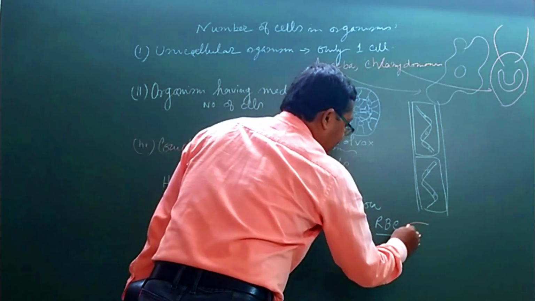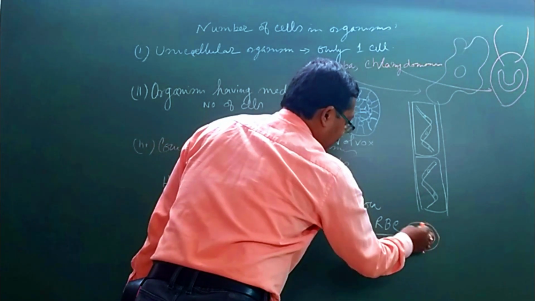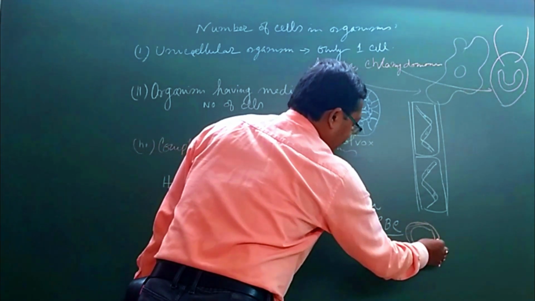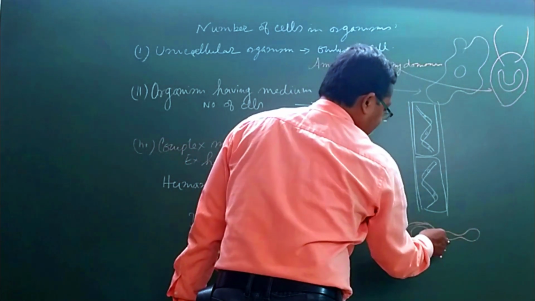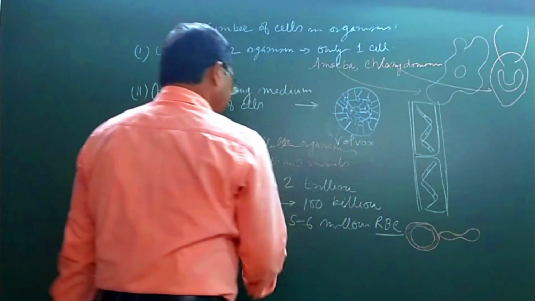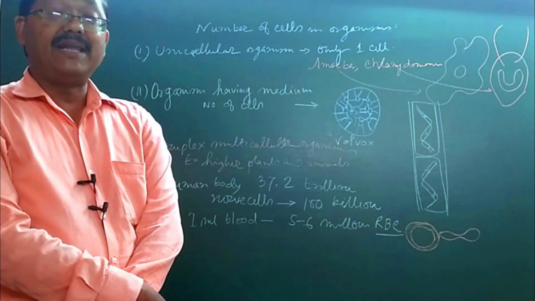This is the red oval, biconcave cell. This is the red blood cell.